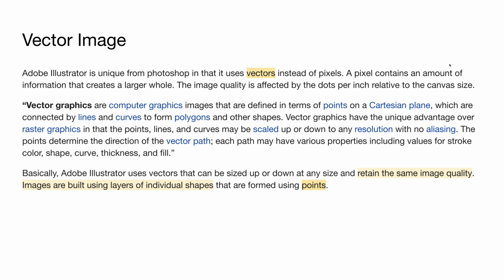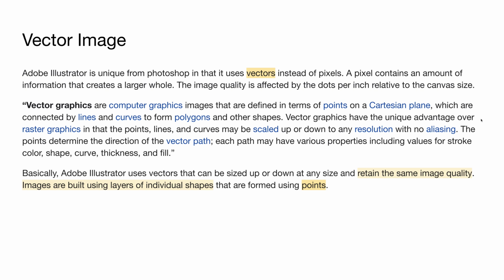There's a very technical description of what a vector is from Wikipedia that you can go through if you are interested. I think one of the main lines is vector graphics have the unique advantage over raster graphics in that the points, lines, and curves may be scaled up or down to any resolution with no aliasing.